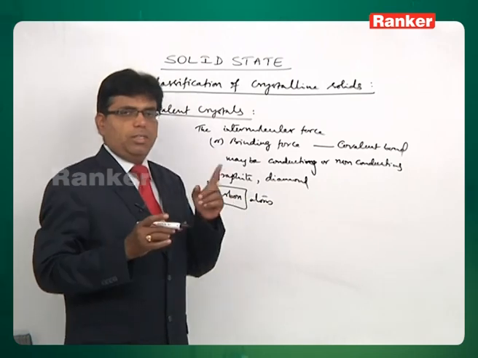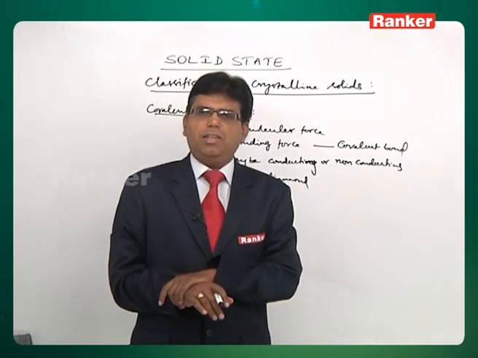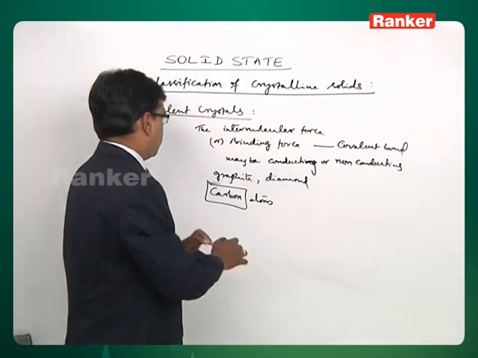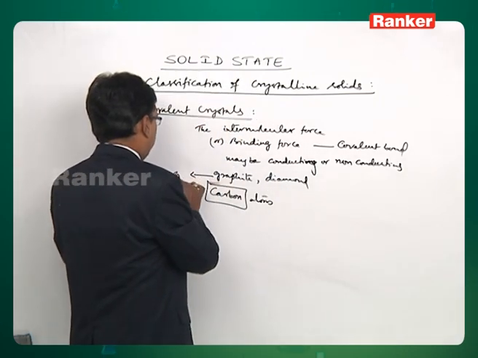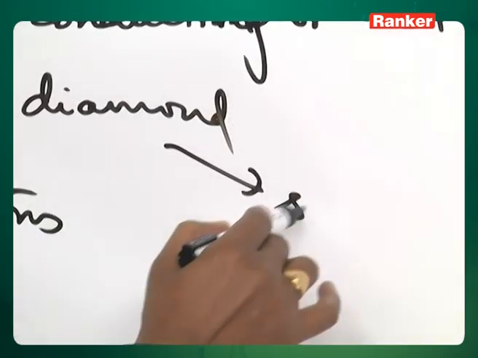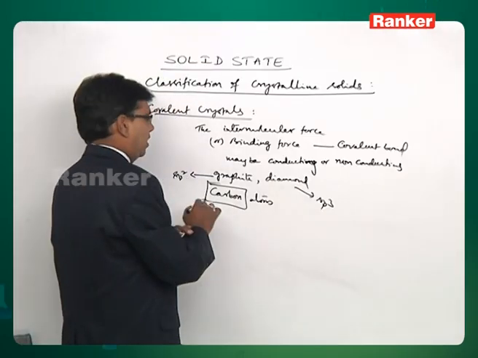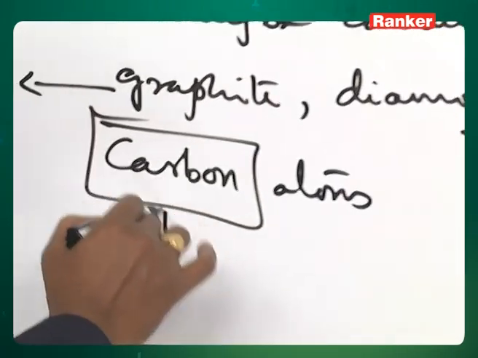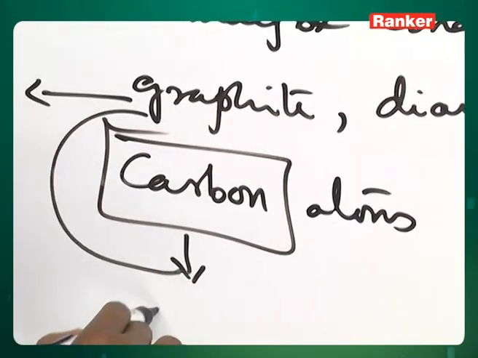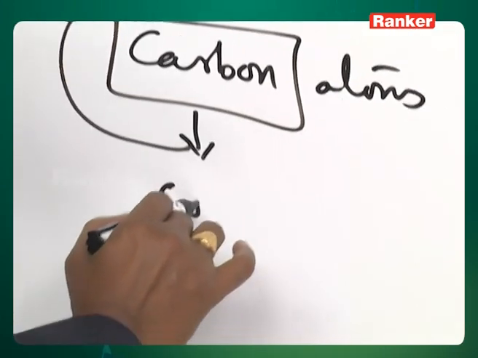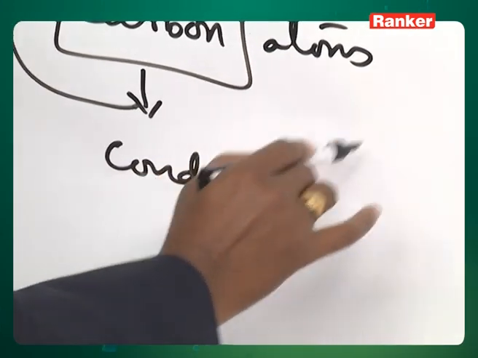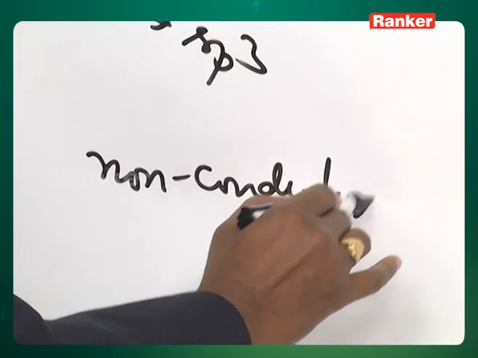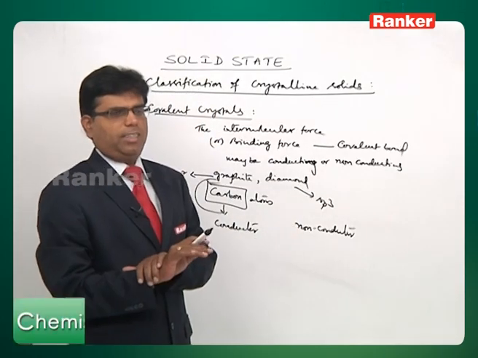Now, as you know very well, in graphite the carbon atoms are sp2 hybridized, and in diamond the carbon atoms are sp3 hybridized, and there exists a covalent bond. But as you know, graphite is a good conductor, whereas diamond is a non-conductor.